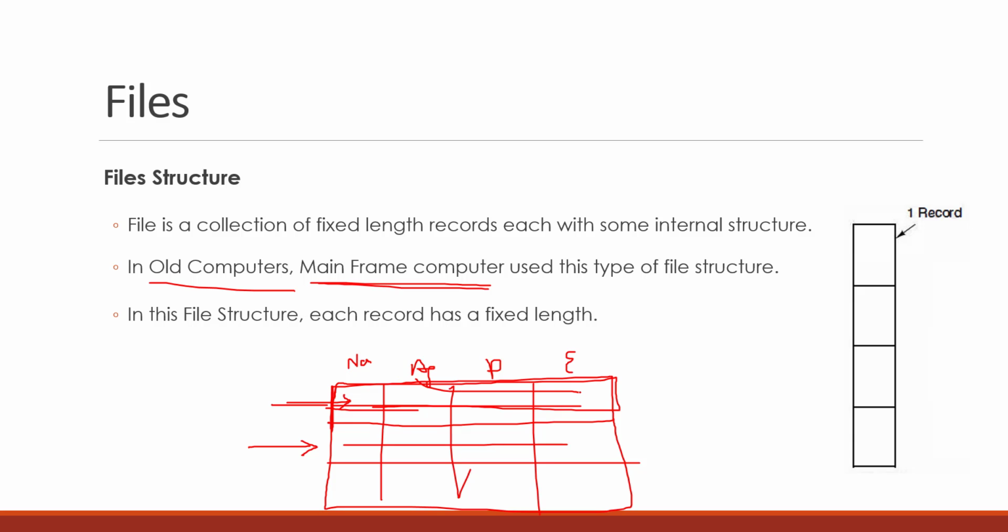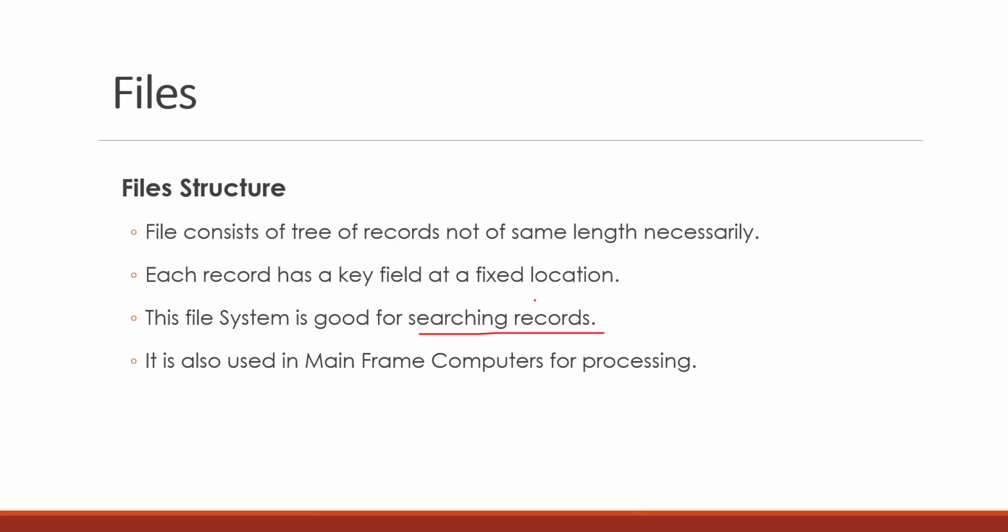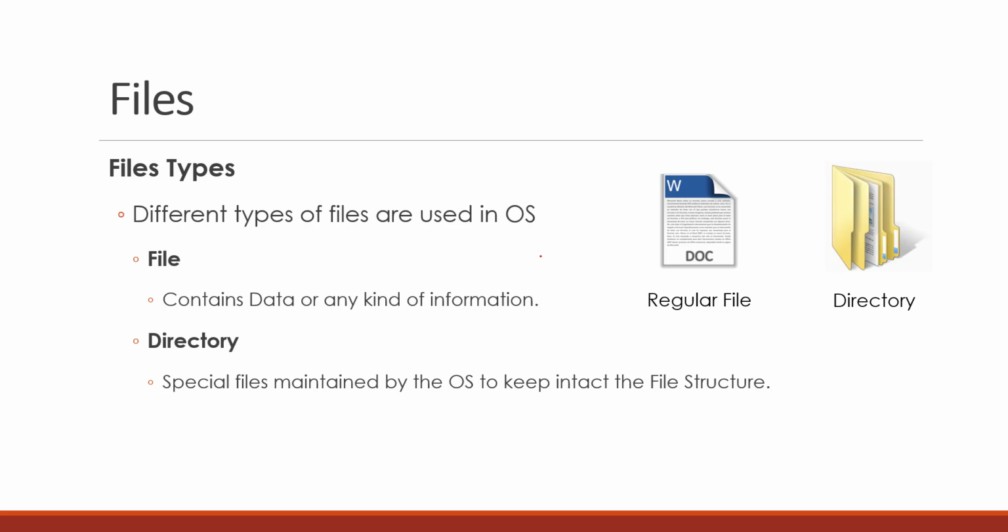If age is somewhere here, they won't be able to read it. They will say, okay, this is not an email address, this is an age. So they want certain characters to be at certain places, only then they'll be able to read it. And why do they do it? Because they are programmed like this, and sometimes it's easier for them to search a record that way.